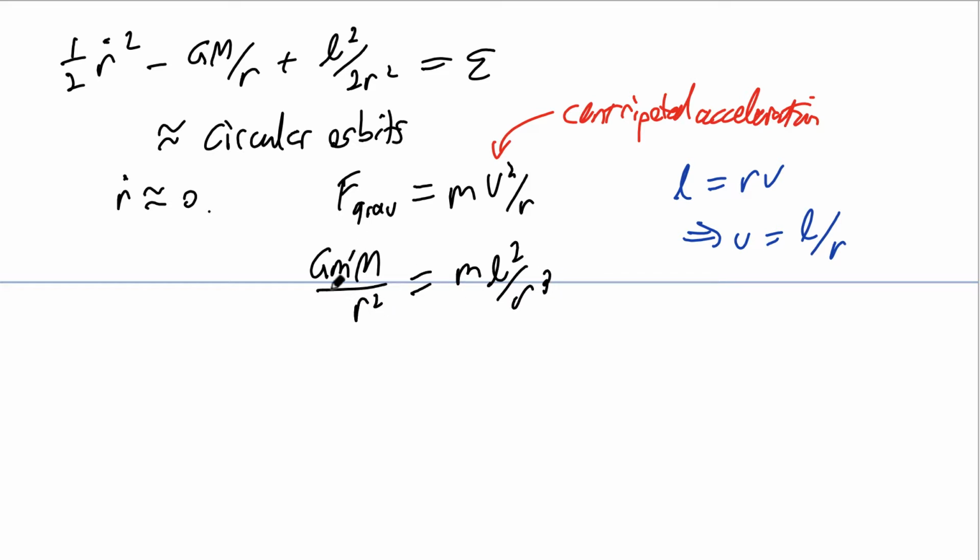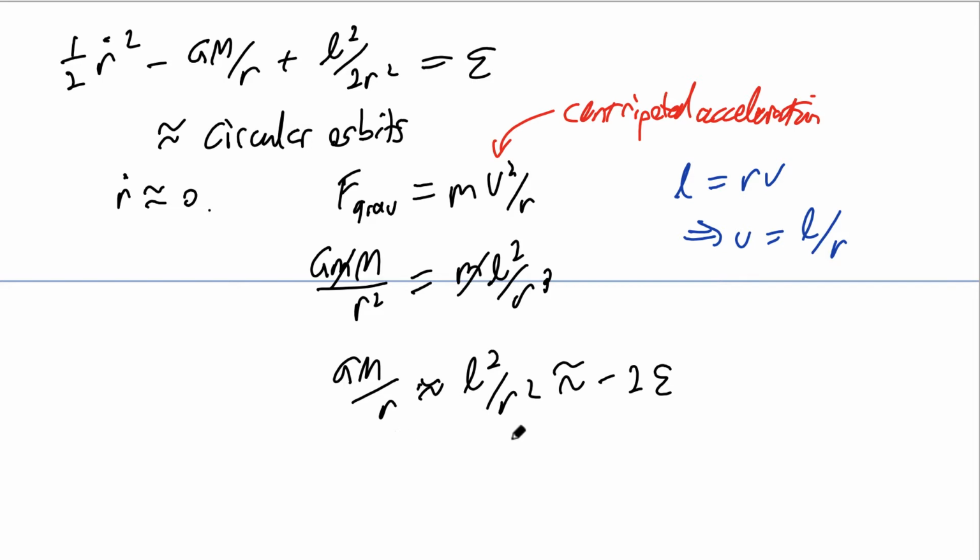So now canceling the m's and one of the factors of r, we find that GM over r is approximately equal to L squared over r squared. And now if we go back to the energy equation, keeping in mind that r dot is close to 0, L squared over 2r squared is approximately 1/2 GM over r. So this is minus a half GM over r on the left-hand side. So in other words, E is approximately minus 1/2 GM over r, and minus 2E is approximately equal to these quantities.